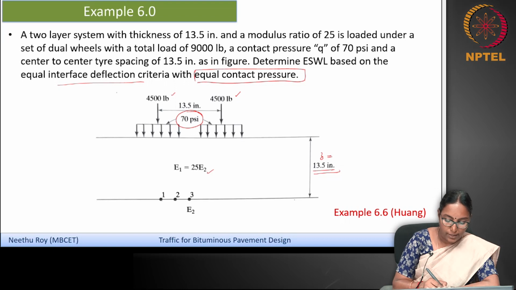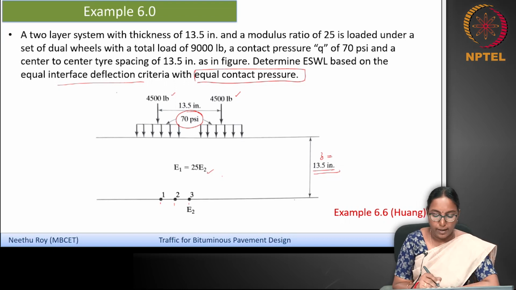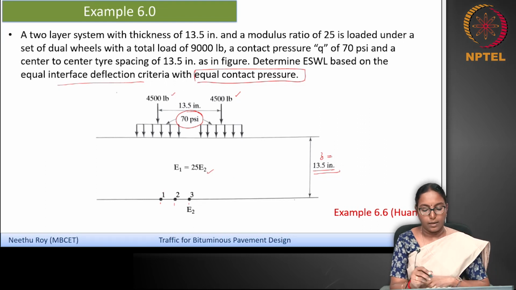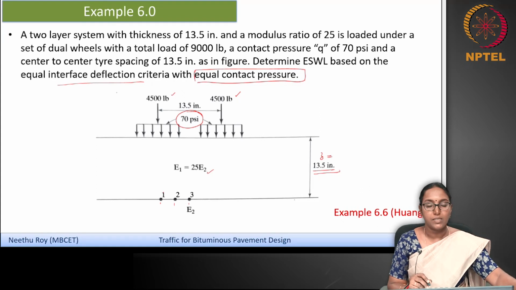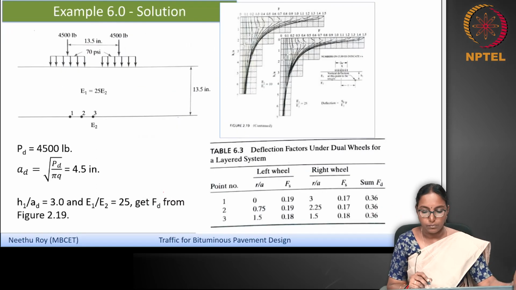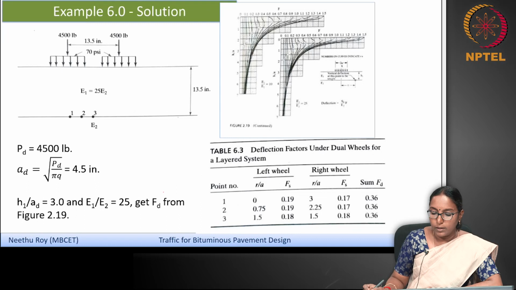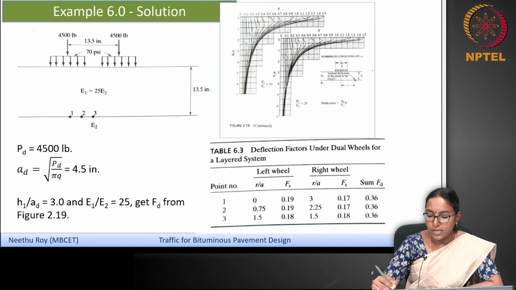Again, since you have dual wheels, this is the equal interface deflection criteria. The deflections at 3 points are to be noted in the case of a dual wheel, and you have to take the maximum deflection factor among these 3 points. These are the interface deflection factors in figure 2.19 for different E1 by E2.